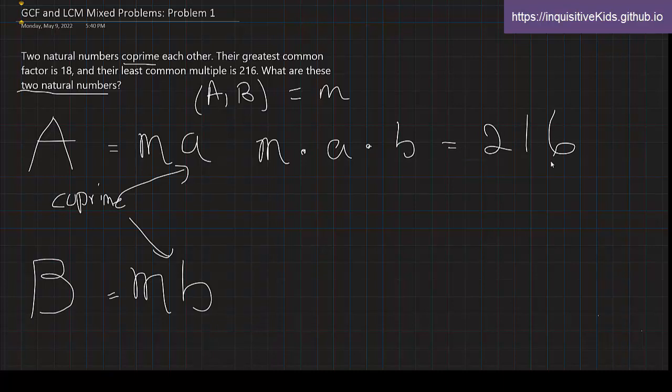Now let me just talk you through this. I like to think of this as the restaurant solution. So what does this have to do with a restaurant? Well, say you and a friend are eating out at a restaurant together. This is your menu, A, and your friend's menu is B. You like to eat dish m and dish a. Your friend likes to eat the same dish m, but also another dish called b.